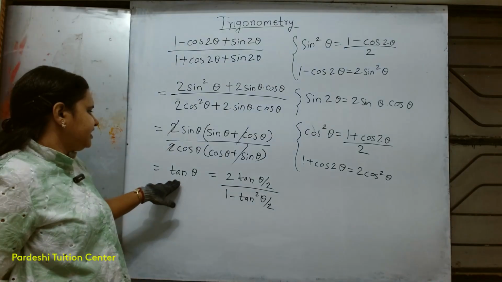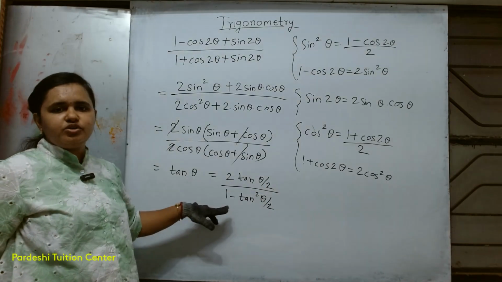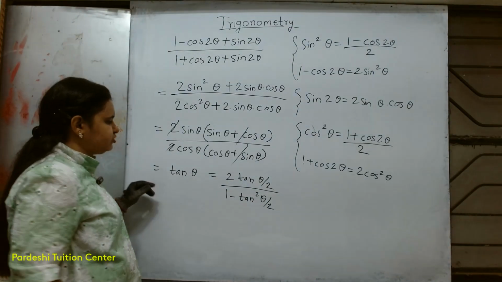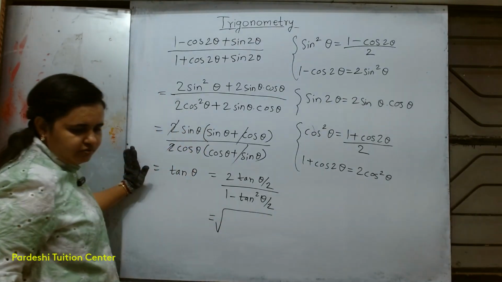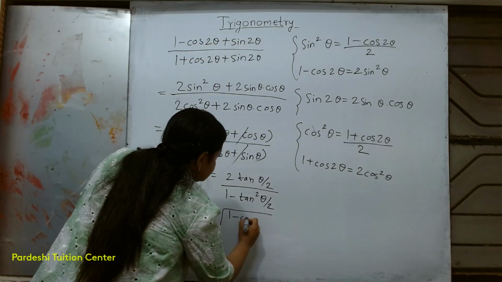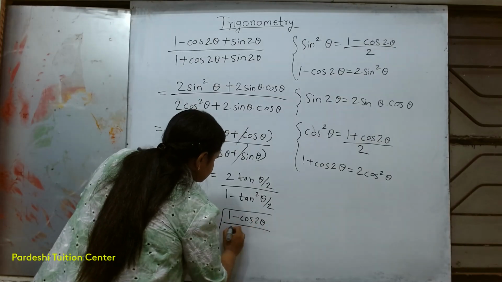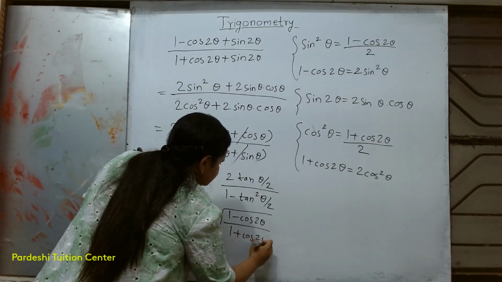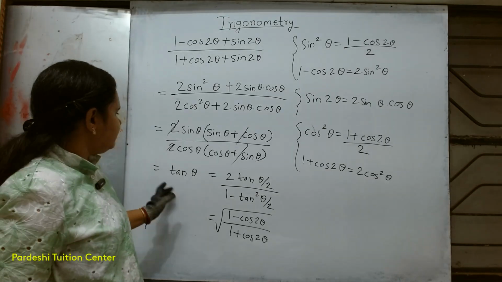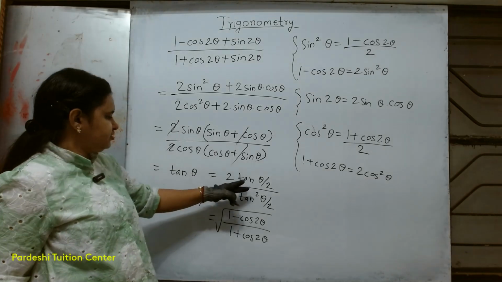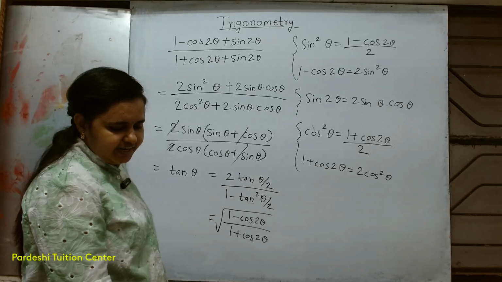Again we can also write it as 1 minus cos 2 theta upon 1 plus cos 2 theta. It was again the formula we have written. So the options are tan theta, this one and this one. Options are first, second and third.